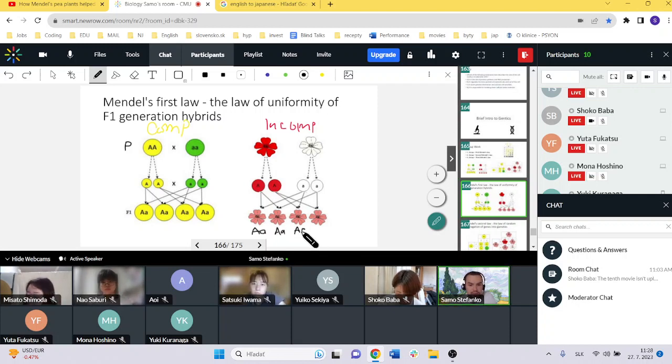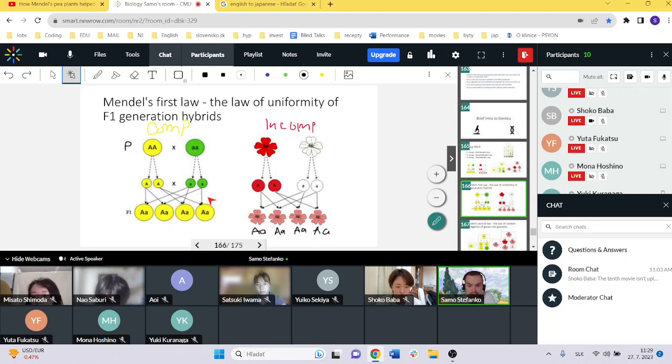Okay, so the first Mendel's law describes one more time that if we cross and combine two homozygous from different pure lines, so one dominant and one recessive, we still have uniformity genotypically. So genotypes in the first filial generation are the same, okay?